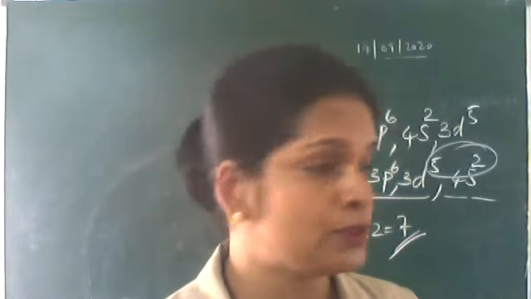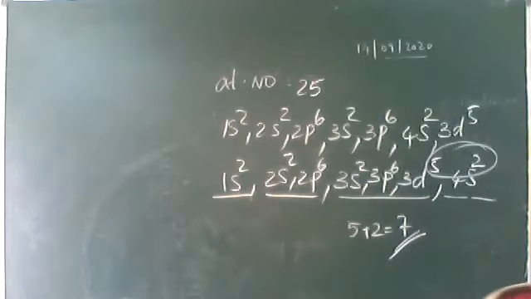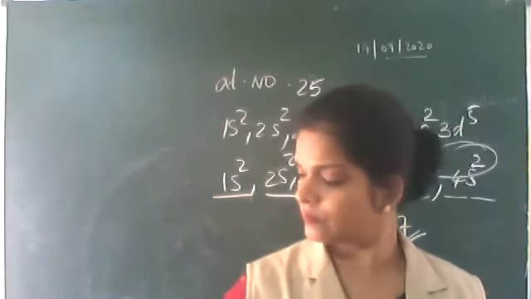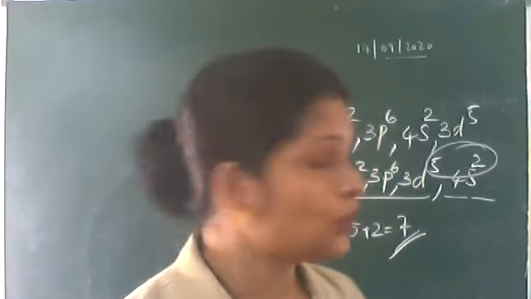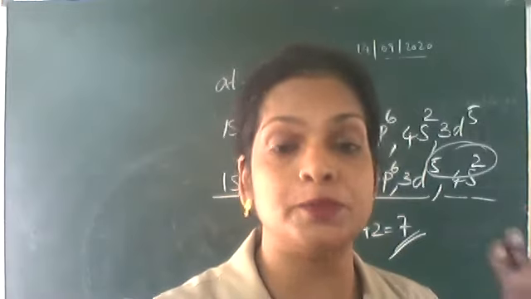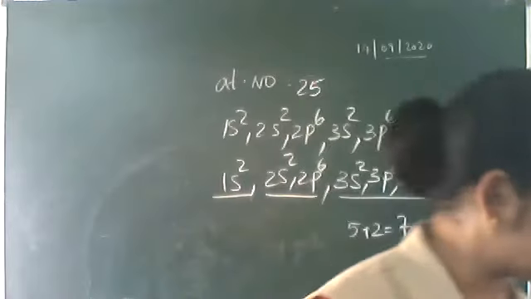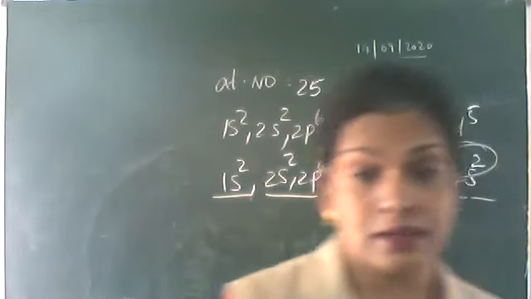So first you write the electronic configuration, then group together and see how many electrons are present in ns.